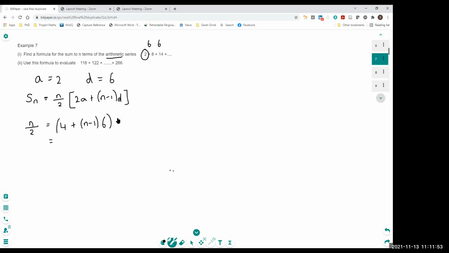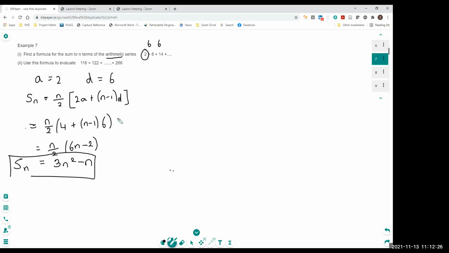Apologies, equals in the wrong place. That is equal to n over 2 into 6n minus 2, which is equal to 3n squared minus n. So our S of n is equal to 3n squared minus n. That's what we're looking for. That was a simple substitution.